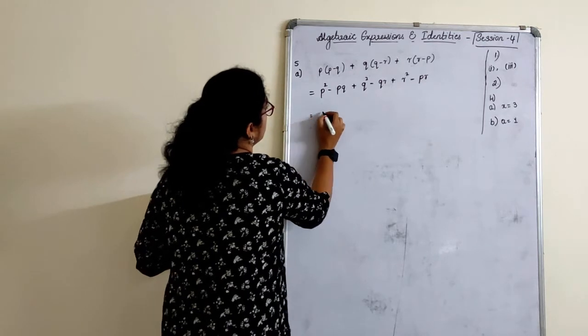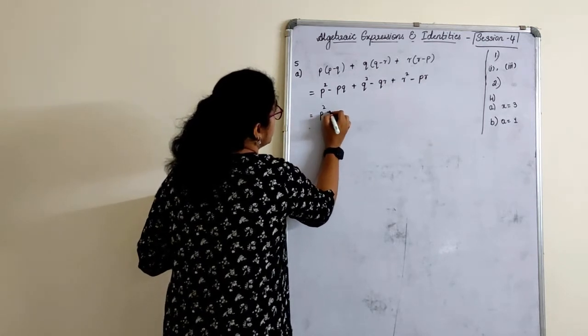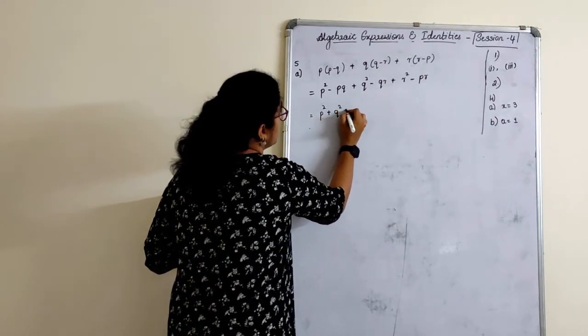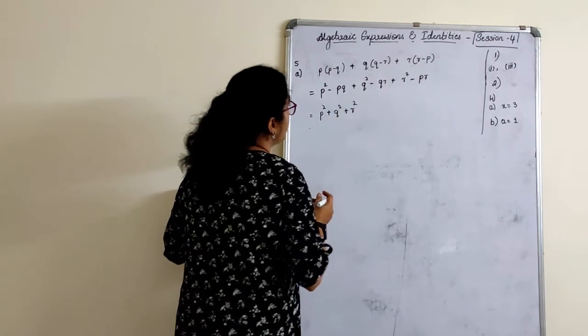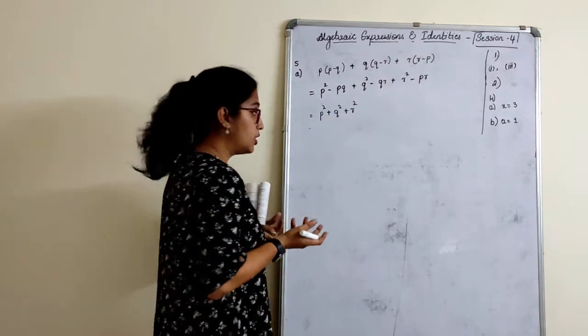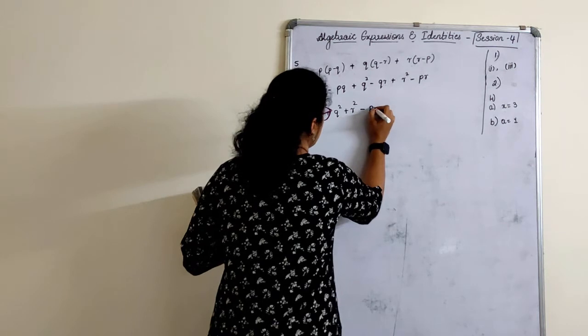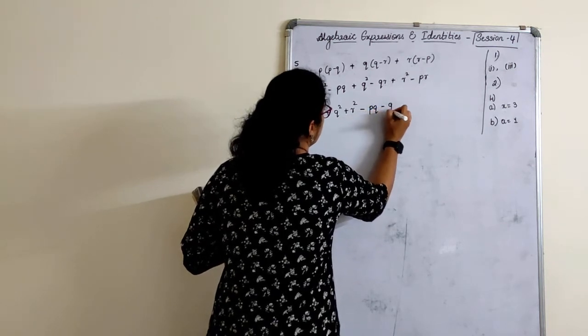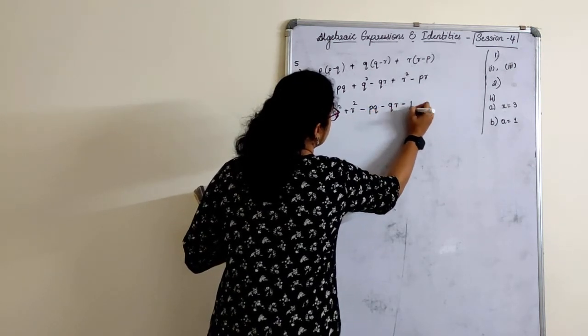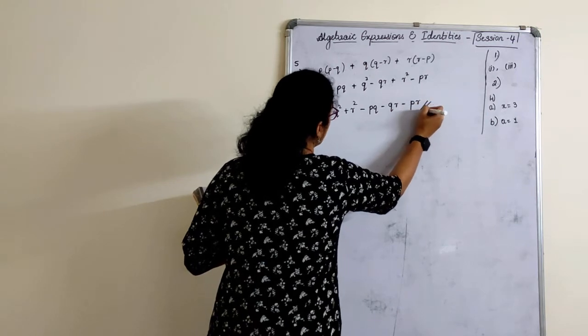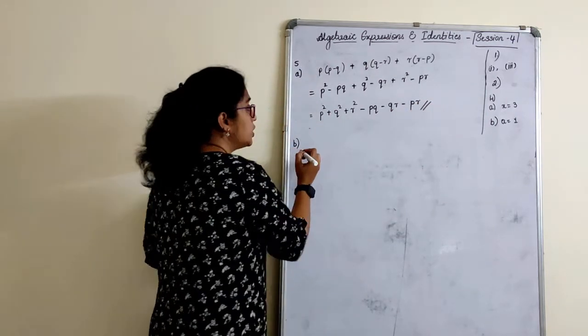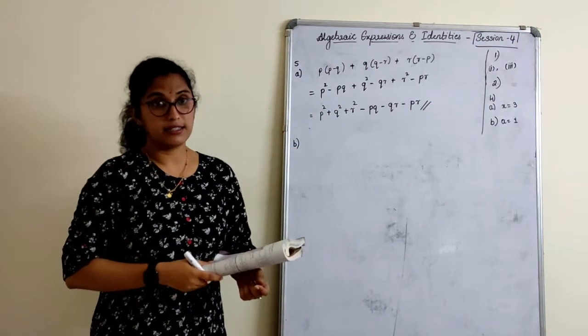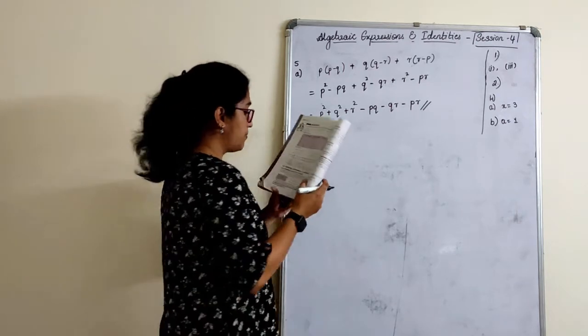So group it, p square plus q square plus r square. Can you cancel anything here? No, write it as it is. Minus pq minus qr minus pr. Over. You cannot do anything in this sum because there are no like terms.